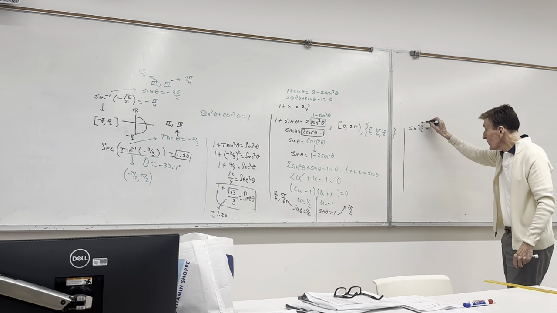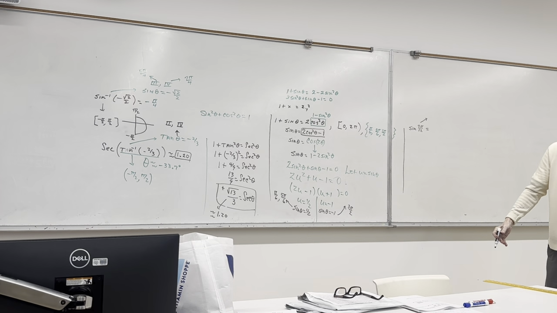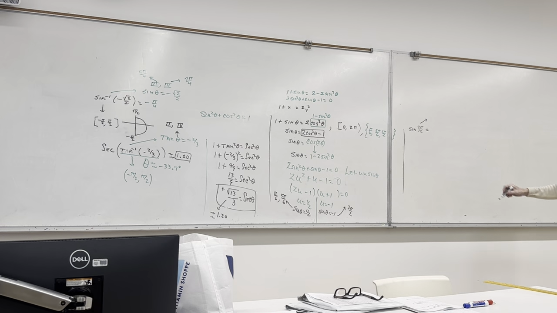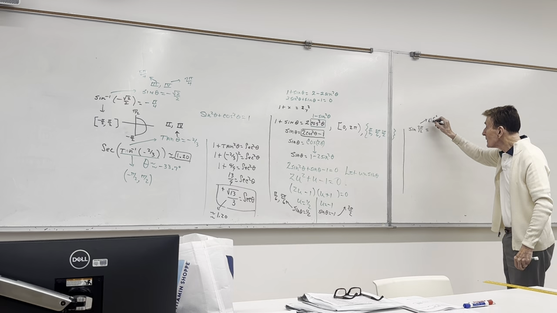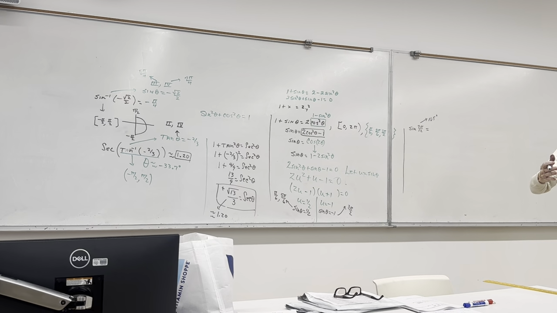Guys, if I use my conversion factor, can someone tell me in degrees, how much is that? Just out of curiosity, 7 pi over 12 in degrees, using the conversion factor. 105. 105? If that would help. Well, 105, you've never seen a 105 in the unit circle, nor will you ever. But they're asking me to find the sine of 105.